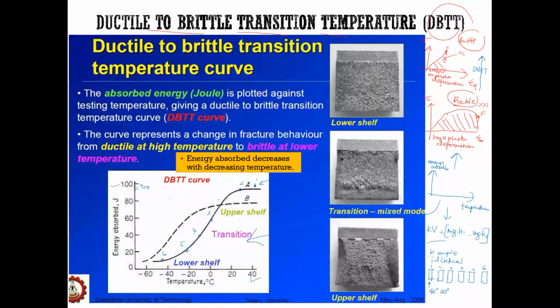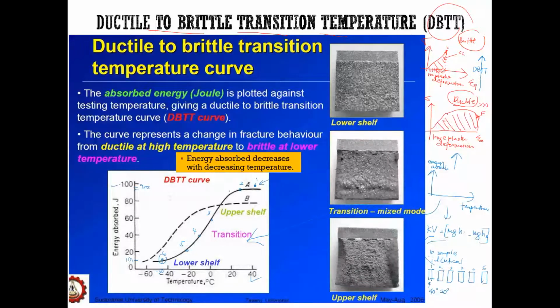We carry on until sample number 6, at the lowest temperature, maybe around minus 50 degrees Celsius, which gives only around 10 joule of energy absorbed. So this graph indicates the different energy absorbed at different temperatures for that particular sample.